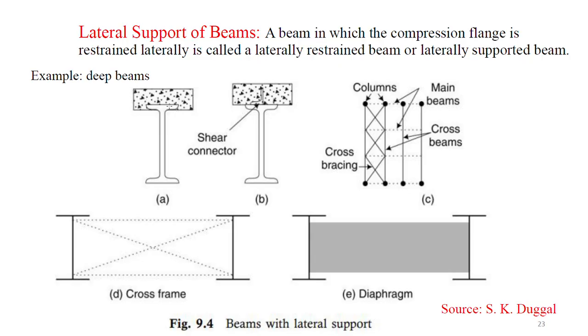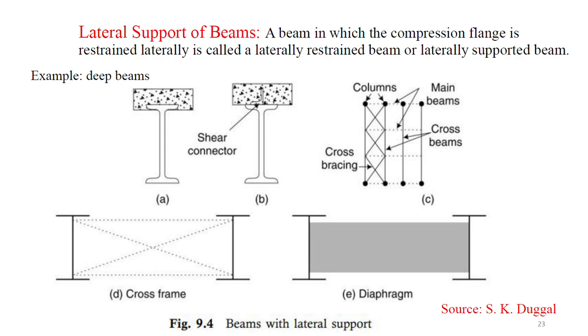You can't see lateral deflections in this type of case. Why? Because we have provided lateral support to this flange portion. Because of this lateral support, the beam is not going to deflect in the lateral direction, okay.